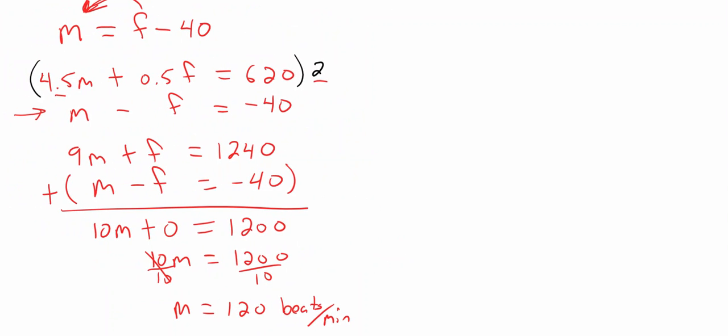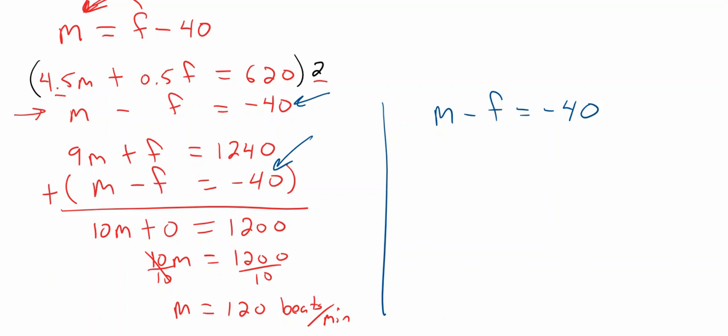Now the second part, I need to find F. I think I'll use this equation, because it's pretty close already. Actually, sorry, I probably should just start with the original. I could have started with M is equal to F minus 40.